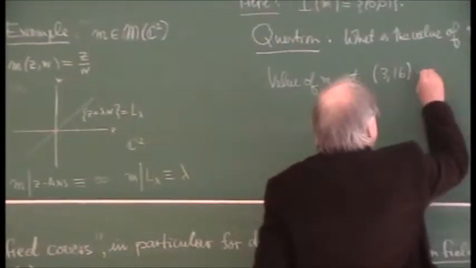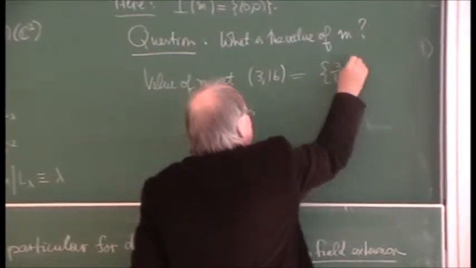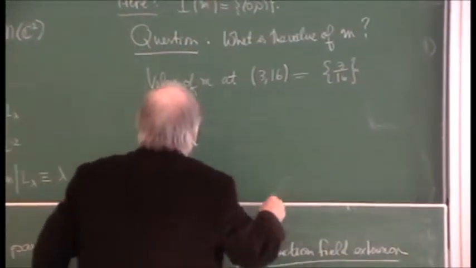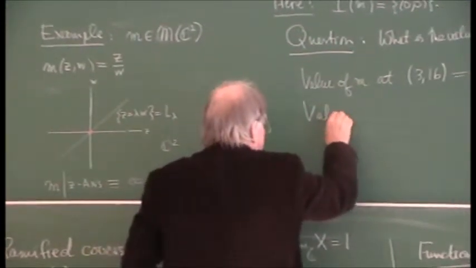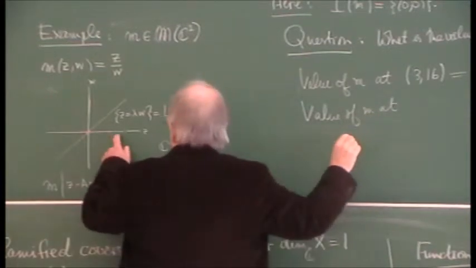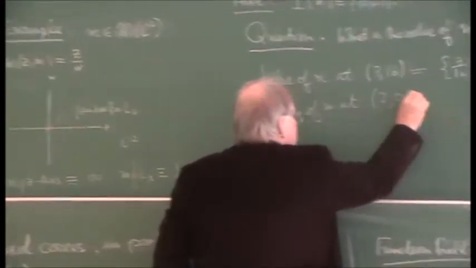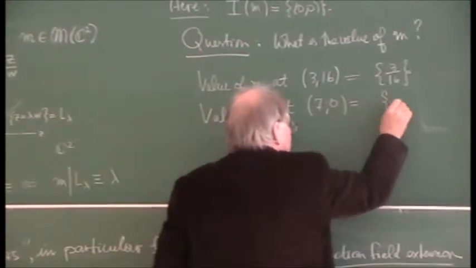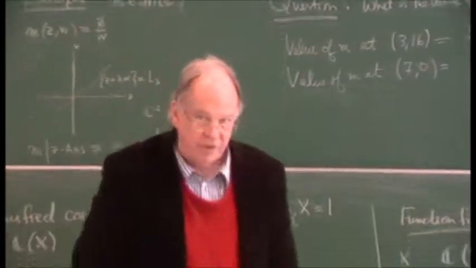Okay, let's make sure, I'll just say it's the set {3/16}, because I'm a little bit worried about this. Then what is the value at something like w equal to 0, so (7, 0)? Well, then you invent a new point, which you call infinity, and we make it precise because we know infinity is something in the Riemann sphere.